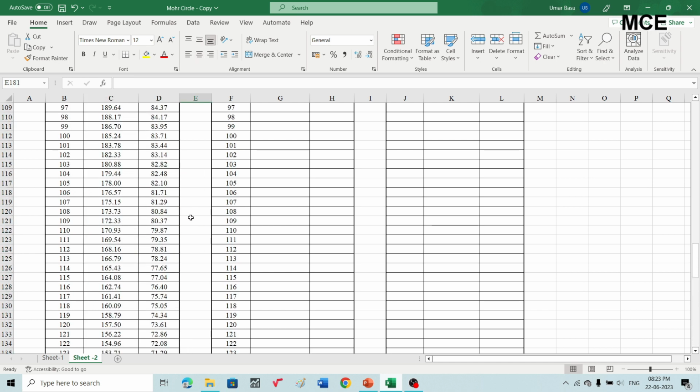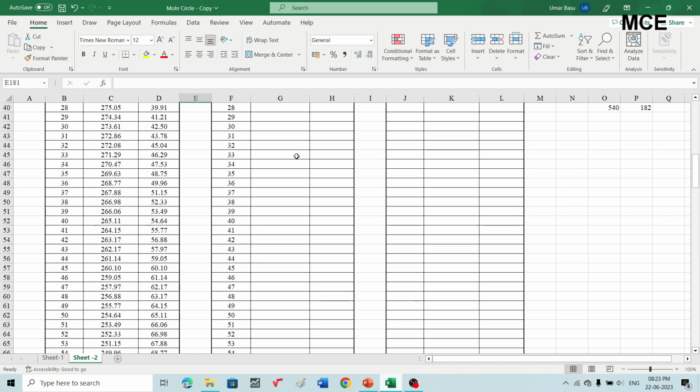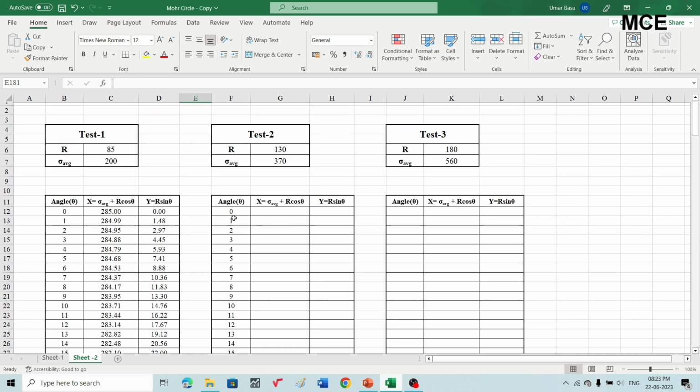A similar procedure you have to follow for test 2, that is, you will write the angles from 0 to 180 degrees.